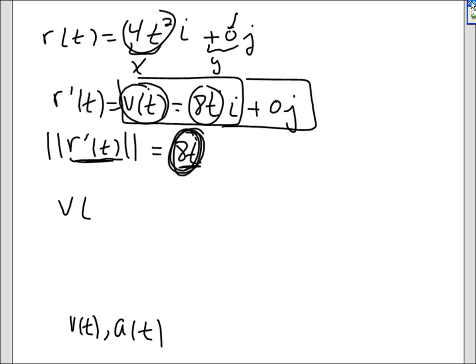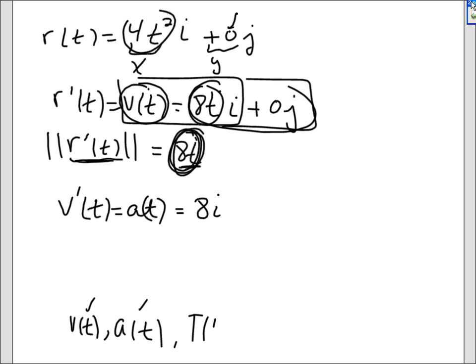If you take the derivative of v of t, you get a of t. The derivative of this is simply 8 i. So we have acceleration. Now we want to find T of t and N of t.